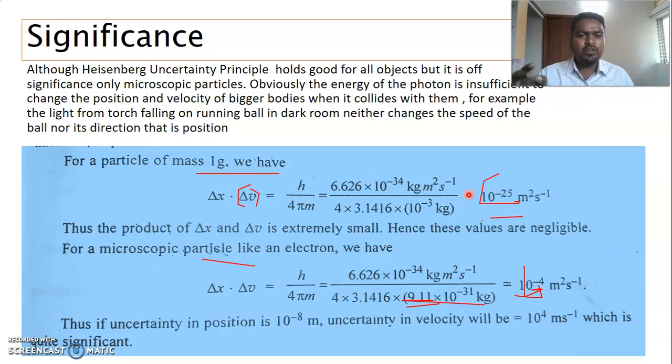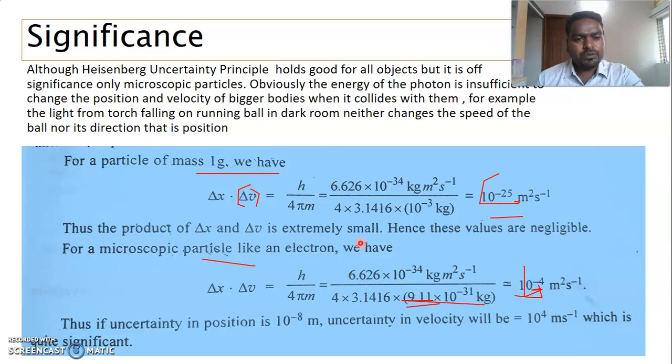But if you apply the same experiment to a moving tennis ball, to identify its position, even if you apply light it does not affect its velocity or its position. So that's why it is insignificant for a macroscopic particle, for example a ball.